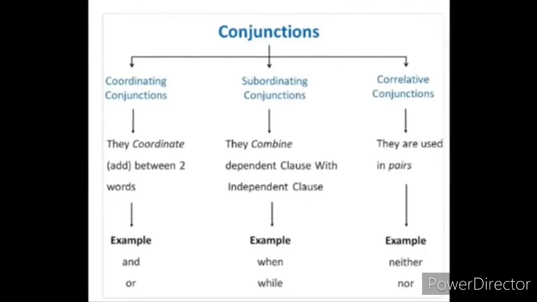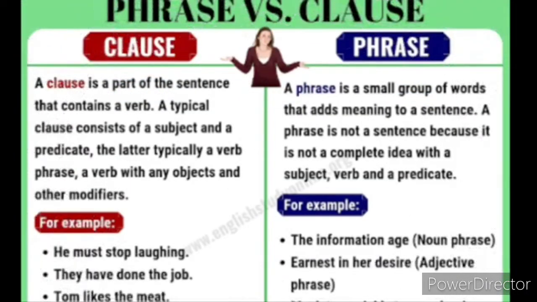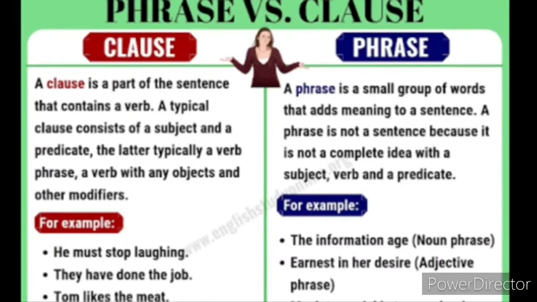Before moving into conjunctions, let us understand what is meant by phrase and what is meant by clause. Look at the picture carefully, children. First, let's see about clause. A clause is a part of a sentence that contains a verb.